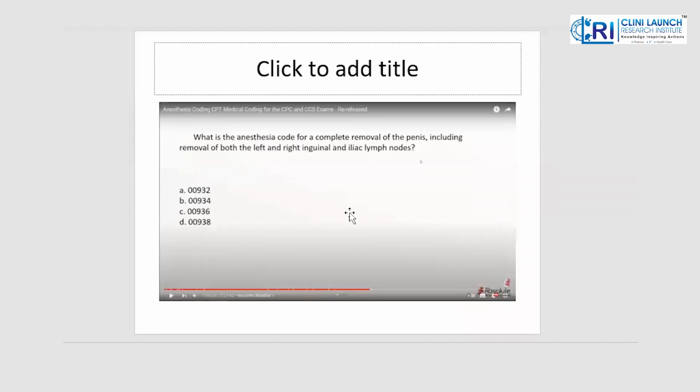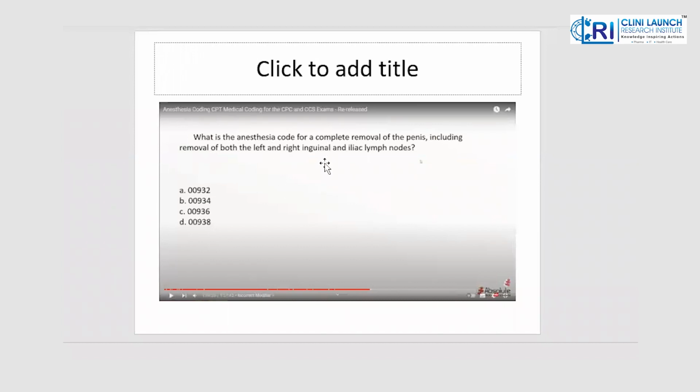Next, what is the anesthesia code for complete removal of the penis, including removal of both left and right inguinal and iliac lymph nodes? You should be careful while reading the question. Specifically they have mentioned the anesthesia code. If they are asking what is the CPT code, then you will go for the procedure code, not the anesthesia code.